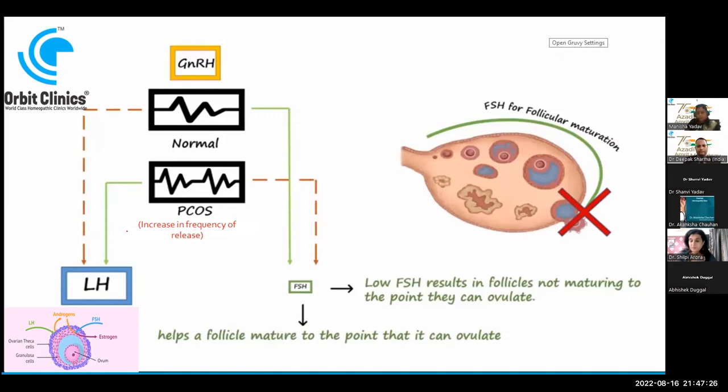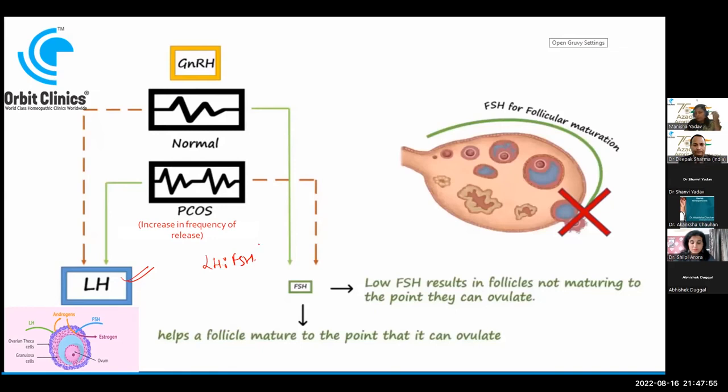But LH cells are more responsive to this change in frequency, or increase in frequency. So there is a relative increase in LH in comparison to FSH. FSH is not decreasing, but because LH is getting higher in the blood in comparison to FSH, their ratio is altered. The LH and FSH ratio changes.